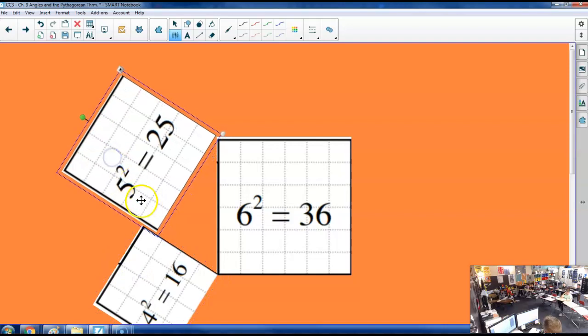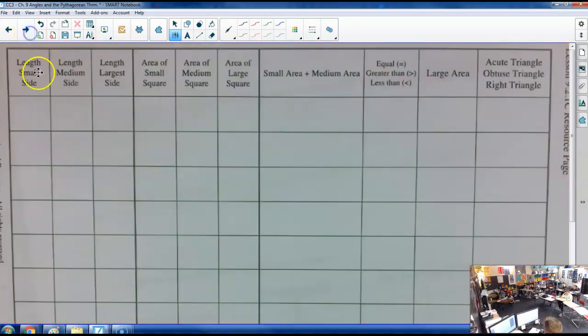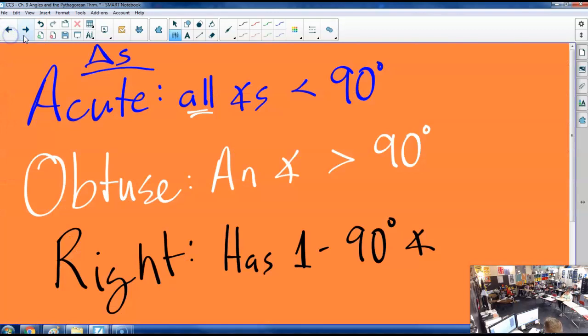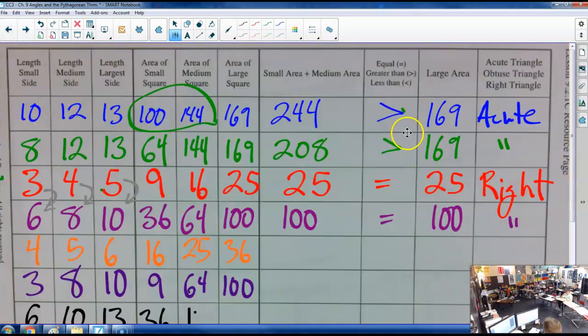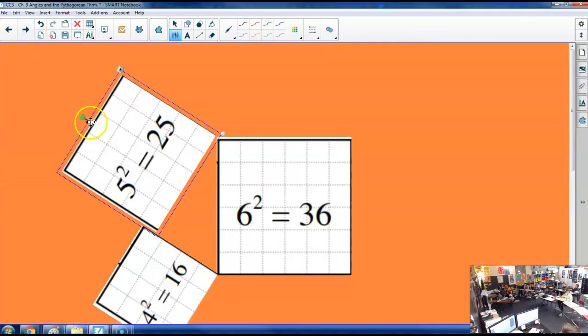But we essentially found out this table of data, that if the 2 smaller squares, or legs, I guess we could say, have areas that are greater than the third, we actually end up with an acute triangle, meaning all the angles are less than 90.